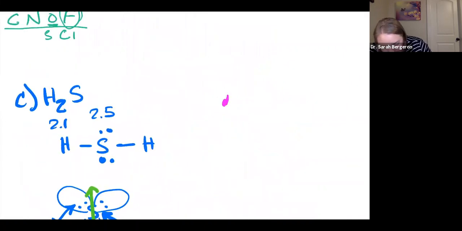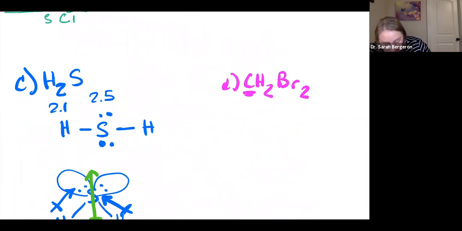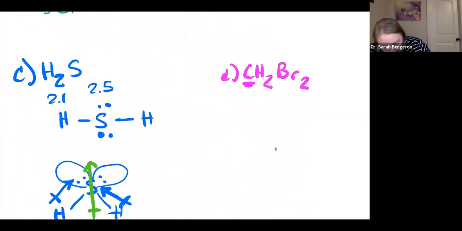Okay, so D is CH2Br2, and we're told that carbon is the central atom. So let's go ahead and put carbon in as my central atom. 2 of the atoms are going to be hydrogen, and 2 of them are going to be bromine. And it really doesn't matter so much where you put them.